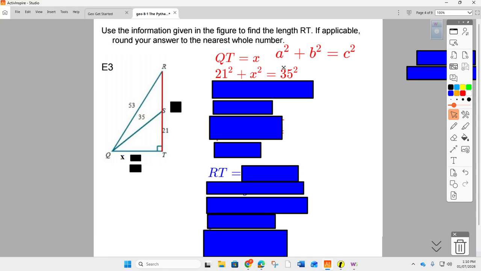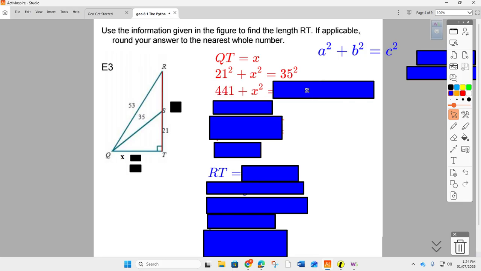So we've used this Pythagorean theorem, and now we can evaluate 21 squared. What's 21 squared, Yuri? What's 21 squared? 441. What's 35 squared, Chris?